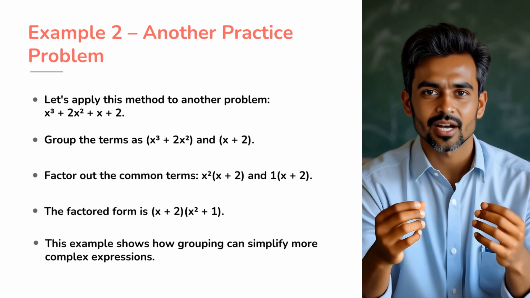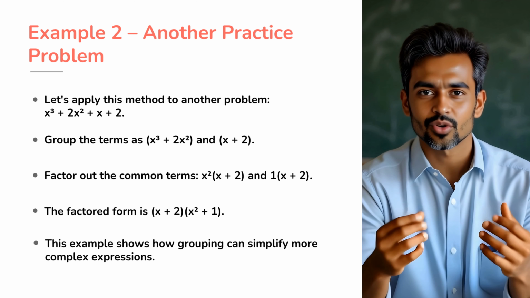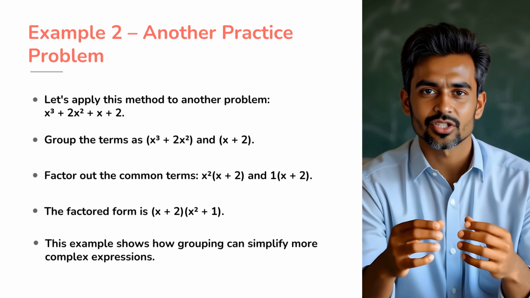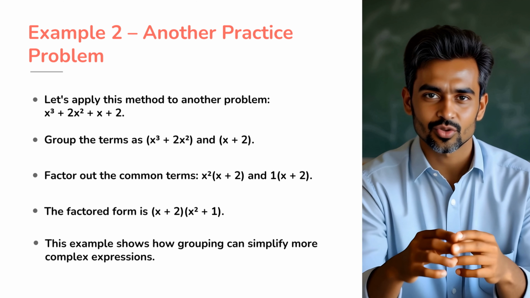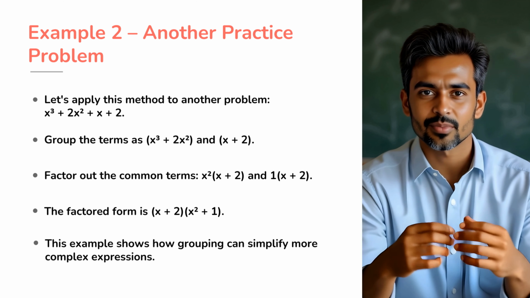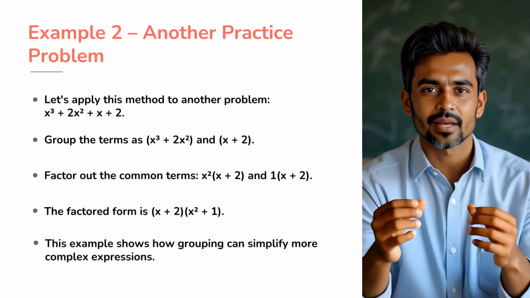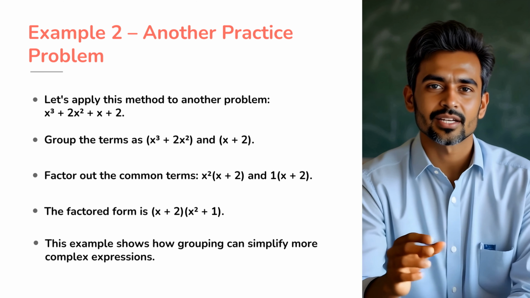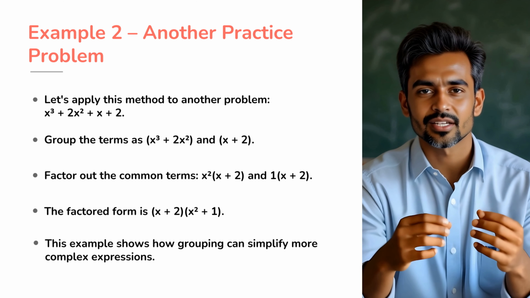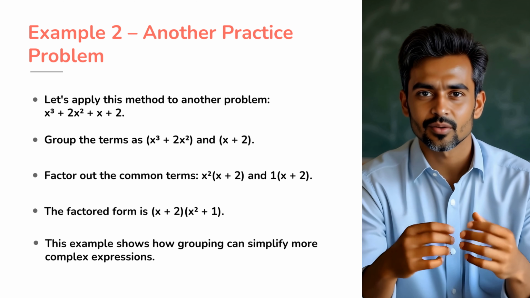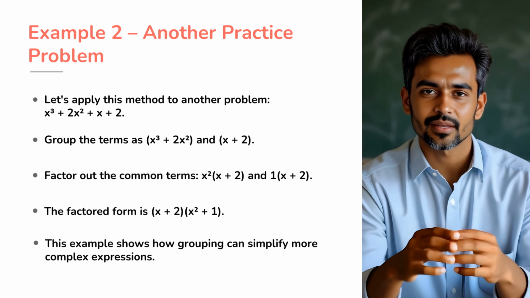Let's try another example to see how well we've understood the process. Consider this expression, x cubed plus 2x squared plus x plus 2. Again, we start by grouping the terms: (x cubed plus 2x squared) and (x plus 2). Now, let's factor each group. In the first group, x cubed plus 2x squared, we can factor out x squared, giving us x squared times (x plus 2).